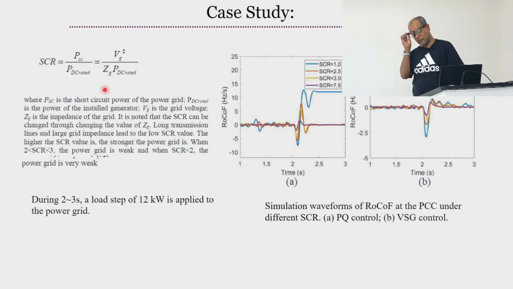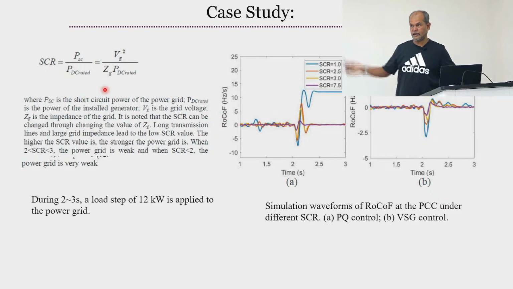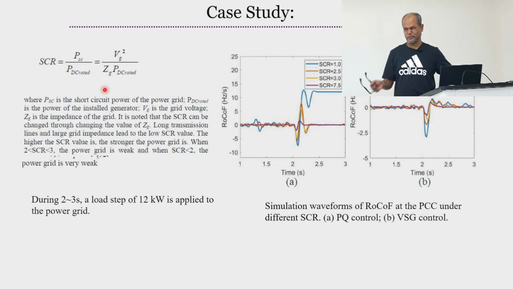Those of you who are working at the grid level, it is advised that you measure the grid strength first, so that you will know how to design the control. Are you designing for a strong grid, or for a weak grid? Because based on that, you should be choosing your control strategy.